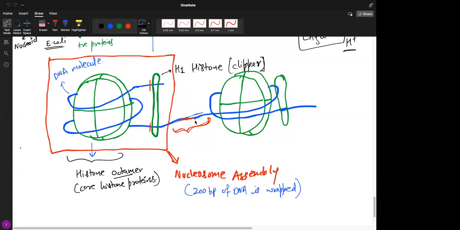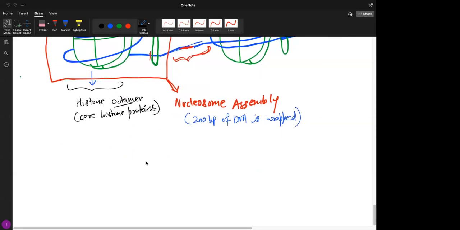And chromatin is known as a bead on string structure because when we look under the microscope, it looks something like this. Let's say in an electron microscope, a very powerful microscope, I'm looking at chromatin. I will see DNA and then a bead-like structure, DNA and a bead-like structure.